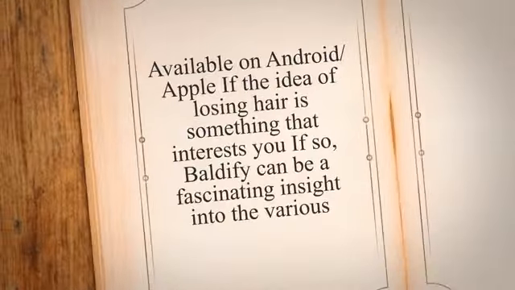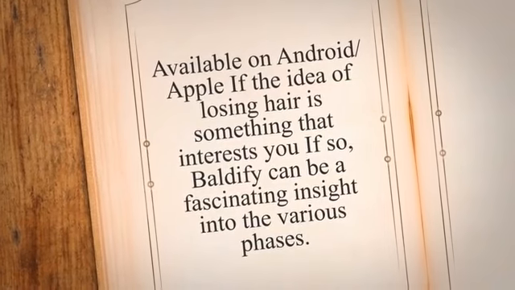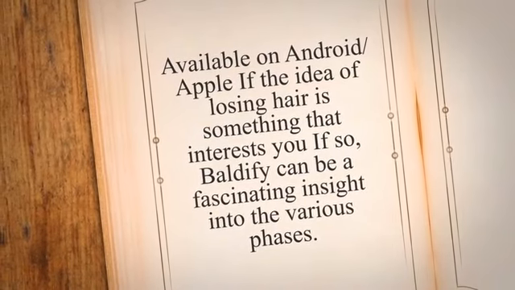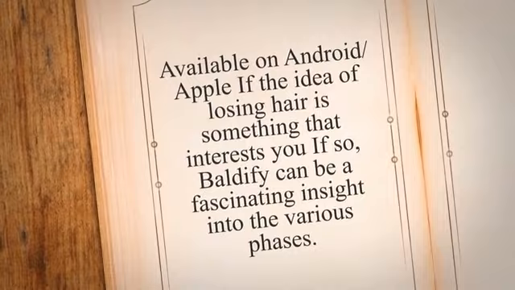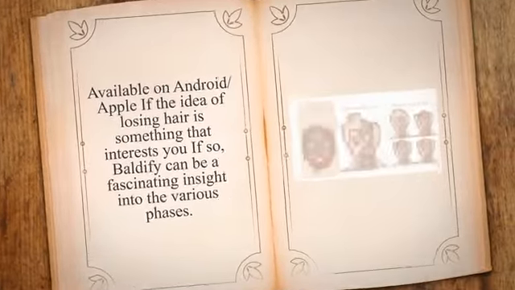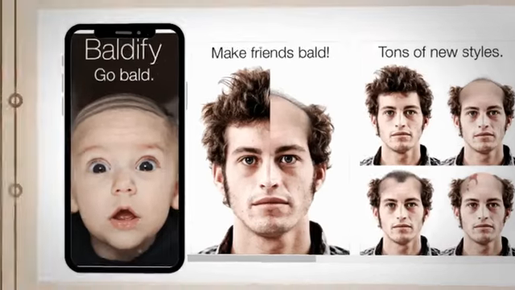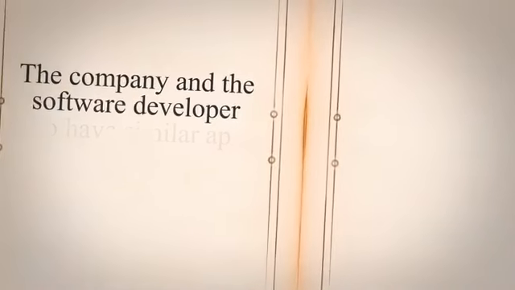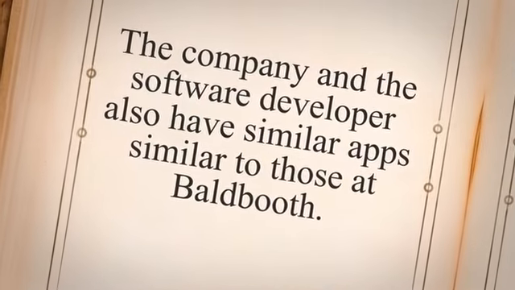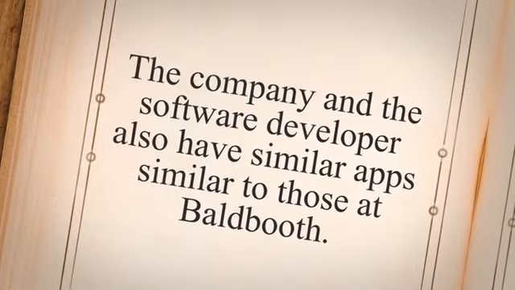Available on Android and Apple. If the idea of losing hair is something that interests you, Baldify can be a fascinating insight into the various phases. Baldify is among the top apps that allow users to observe the different phases of hair loss. Spotting, thinning, and even total hair loss can be seen in this app. The application uses different hair types and thickness levels in order to make it as realistic as possible.